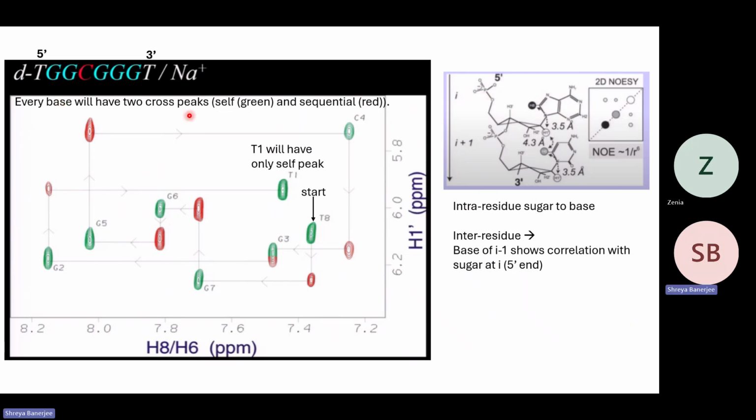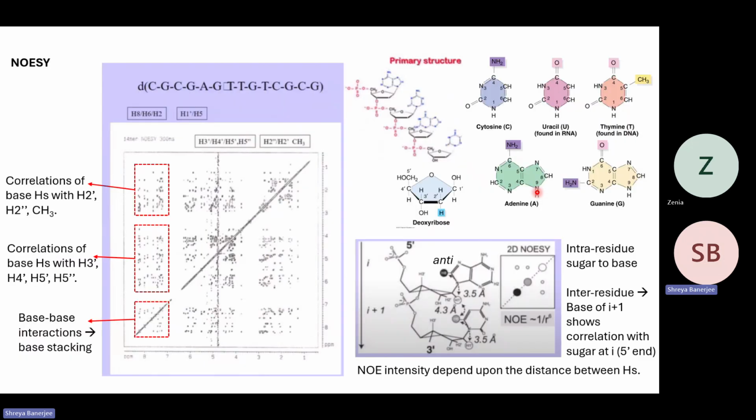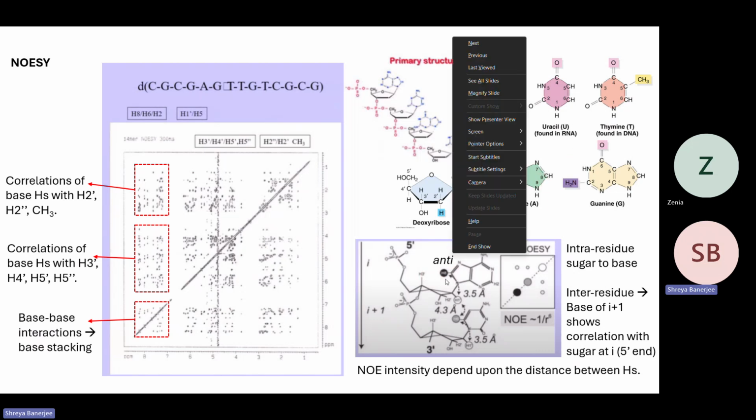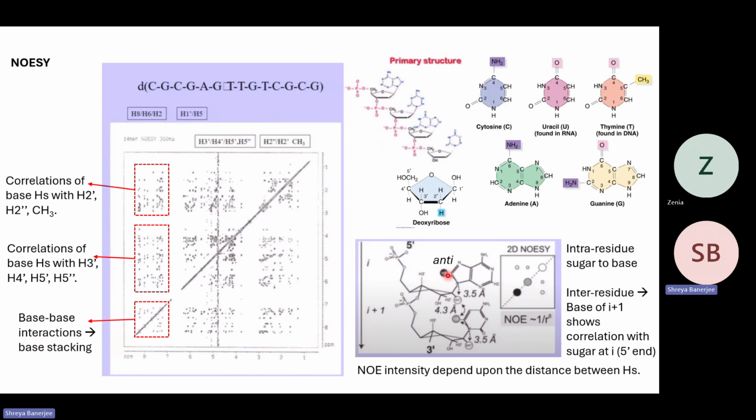So here again, if we look at the exact NOESYs being observed, this is the H1 prime of the sugar ring. It is showing NOESY with this hydrogen, that is H8 of this ring, around 3.5 angstrom.